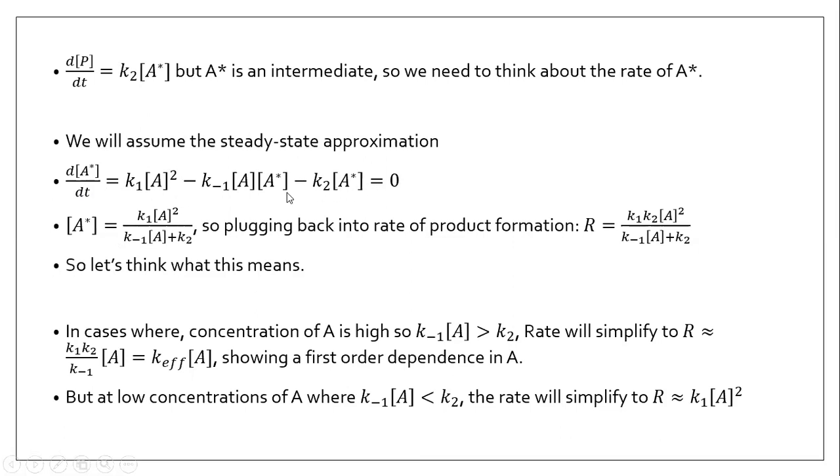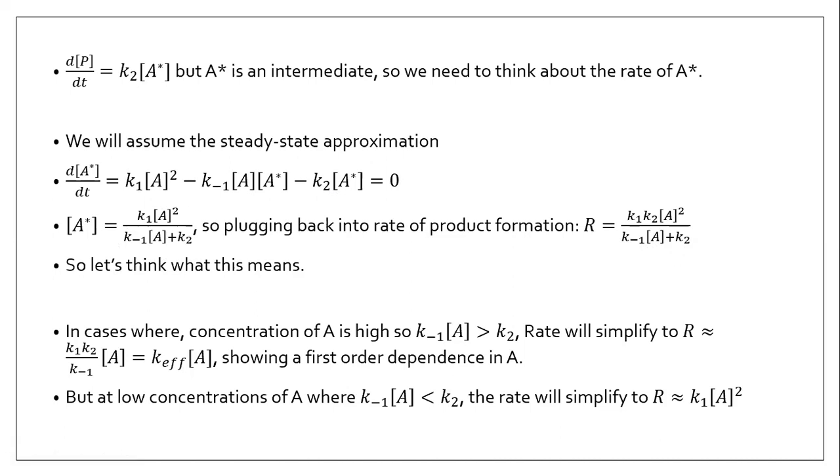So get all the A star terms to one side and divide by k−1[A] plus k2 to get what is A star. Plugging that into our k2 [A*], we get rate is k1 k2 [A]^2 over k−1[A] plus k2. So let's think about what this actually means.